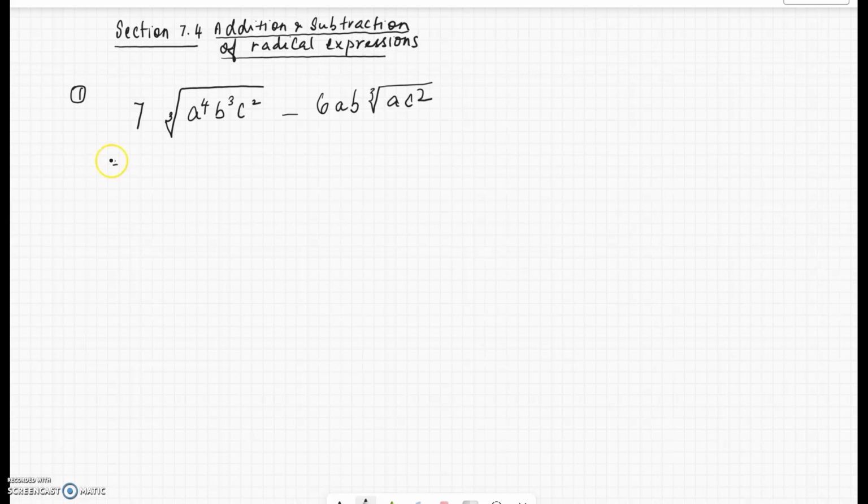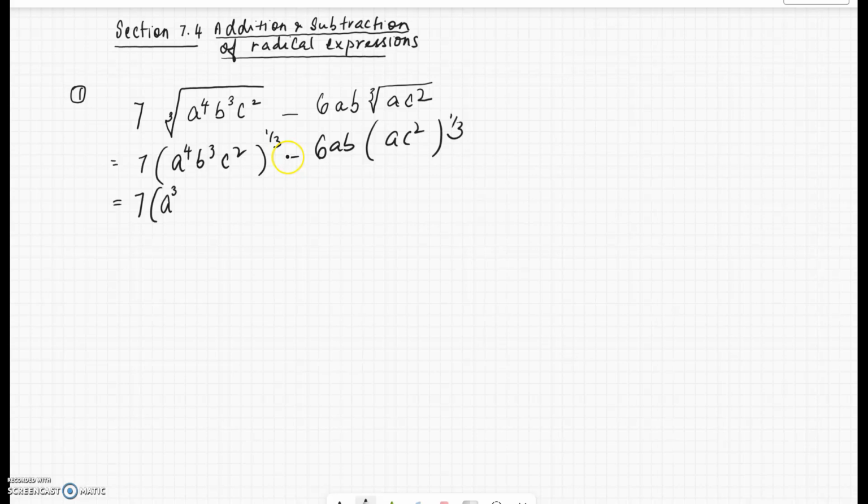Each of these is a cube root, so I'm going to write it as to the 1/3. So that's A to the 4th, B cubed, C squared. But then I have here 6AB, AC squared to the 1/3. Now since it's a 1/3, I can write A to the 4th as A cubed times A to the 1.